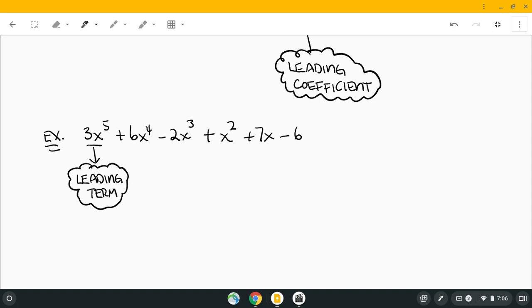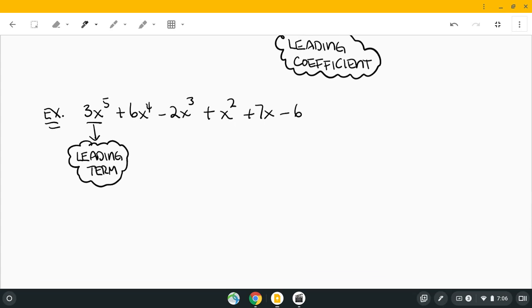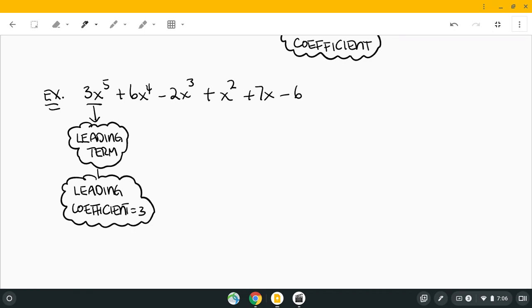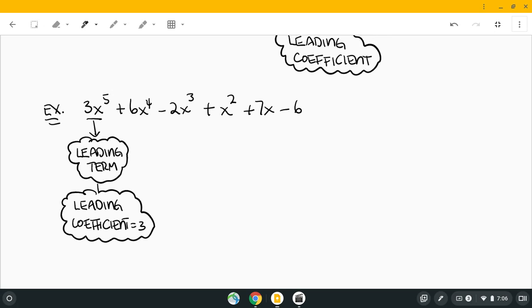The leading term is 3x to the 5th, and the leading coefficient would be just the number, so that would be 3 in this case. And we see that this is a degree 5.